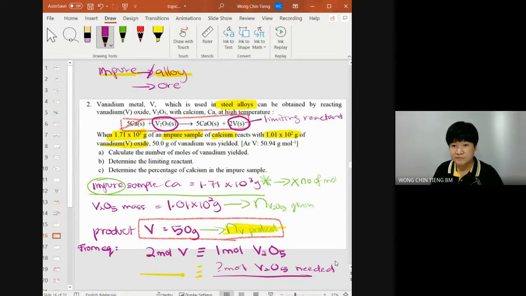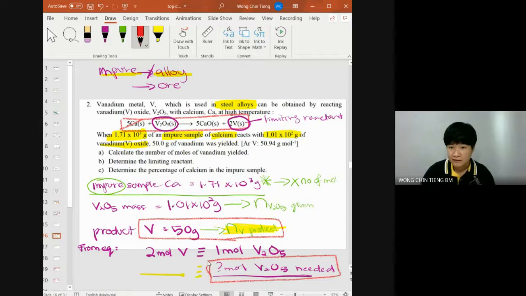Nampak dah cara? Buat sendiri ya, saya tahu ramai tak kira lagi. So, from the mole of vanadium oxide needed yang kamu kira ini, compare dengan vanadium oxide given. Kalau dia lebih atau tak cukup, dia adalah apa? Kalau vanadium oxide adalah excess, straight away calcium adalah limited. Kalau vanadium oxide adalah limited, calcium adalah excess.